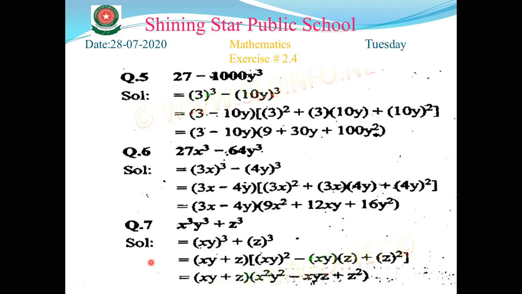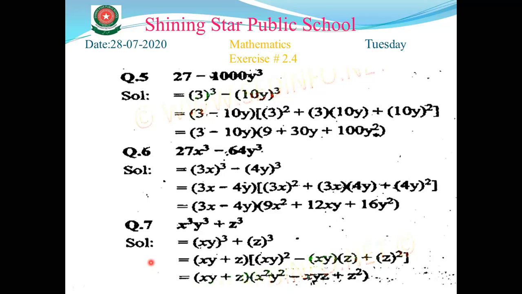x cube y cube plus z cube. So (xy) whole cube plus z whole cube. Now again we have a cube plus b cube. So very simple, a plus b into a square minus ab plus b square.